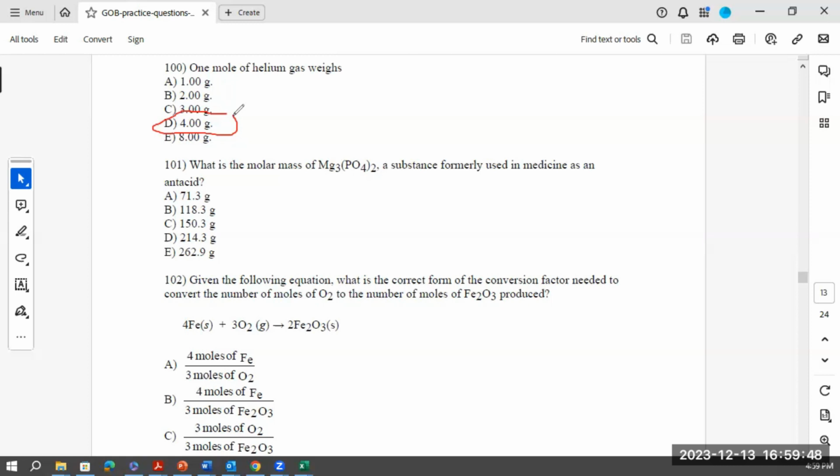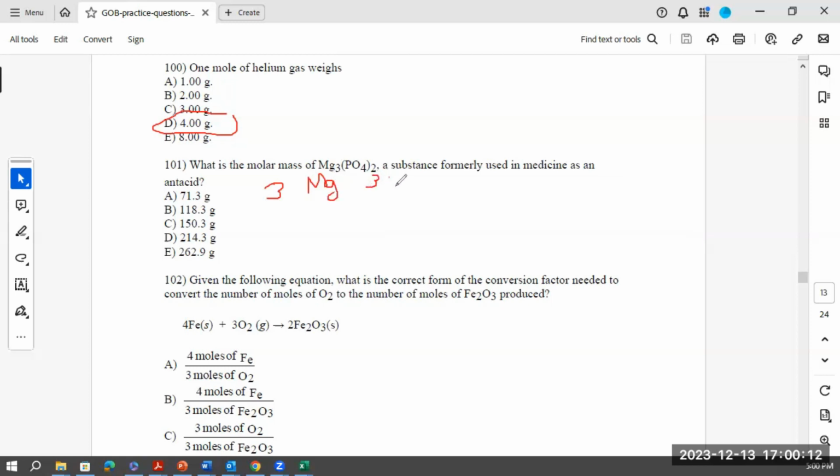Okay. Anybody? So what do I need to do? Tell me the secret sauce. How many magnesiums do we have here? 3. And we know that magnesium weighs how much? 24.305. Okay.